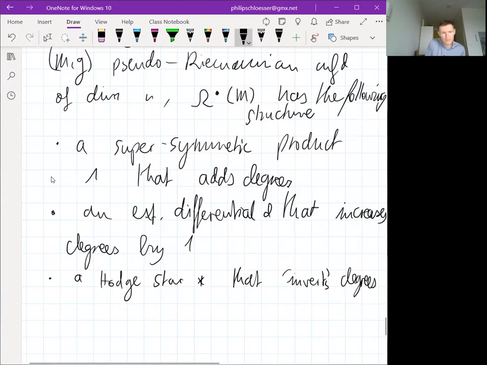Such that this product is associative, supersymmetric, whatever. The differential is R linear, squares to 0, and obeys the Leibniz rule. And the Hodge star is C infinity(M) linear and sort of self-inverse.